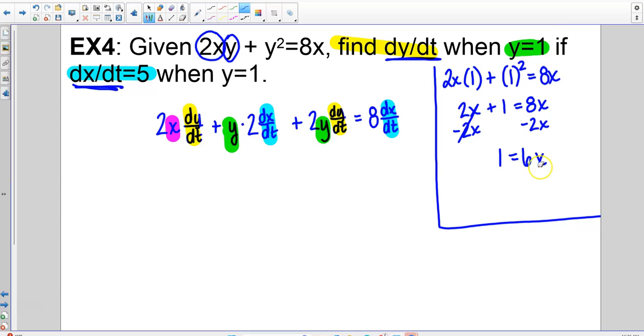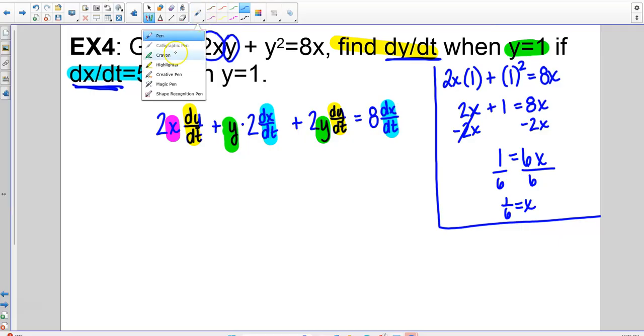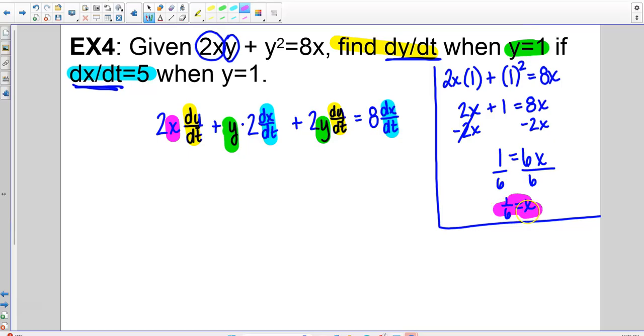And I'm a little annoyed, but I'm at least getting an answer. I got a fraction. 1/6 is our x. So other than having to have a fraction, which is a little bit annoying, we have that value. We can now plug this in for our x.